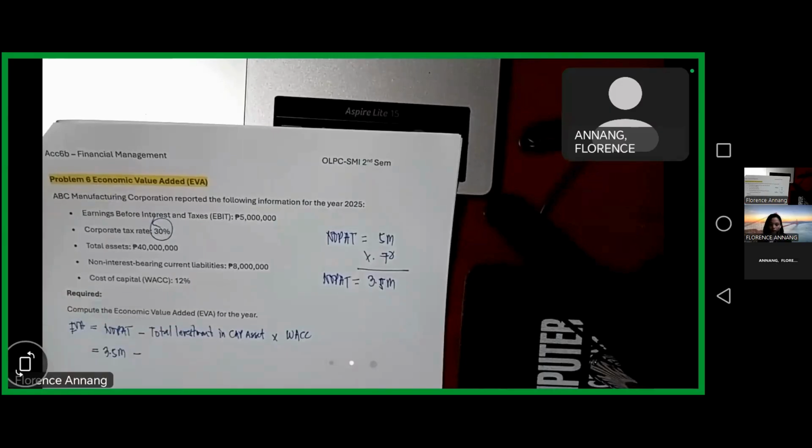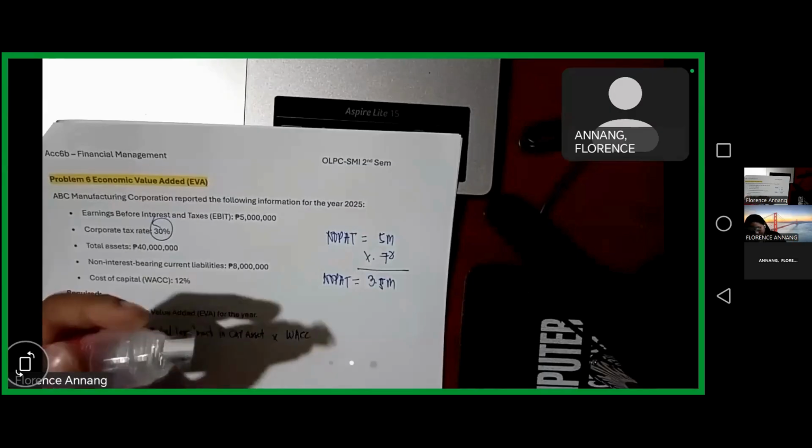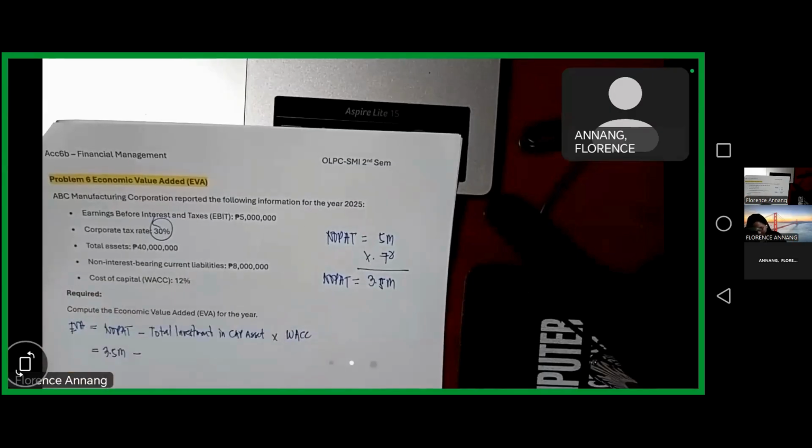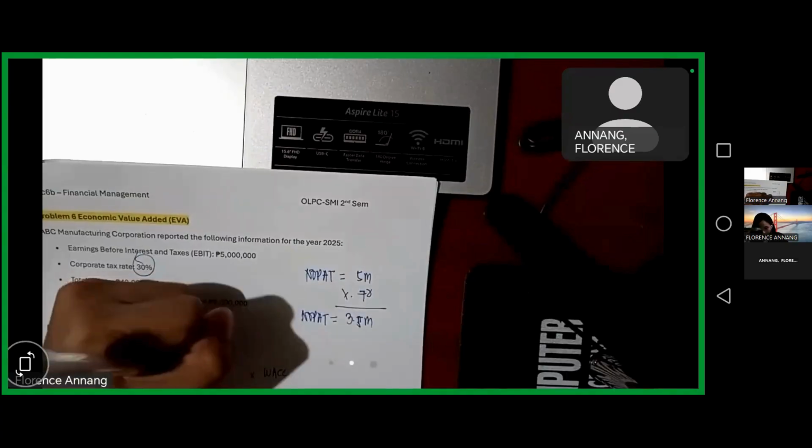How much is our total investment in capital? Sorry, bakit capital asset yung nilagay ko dyan? Total investment in capital. Yan. How do we get our total investment in capital? That is your total asset less your current liabilities. Or, pwede ring, ito yung ating long-term debts and shareholders' equity. Isulat natin para clear.